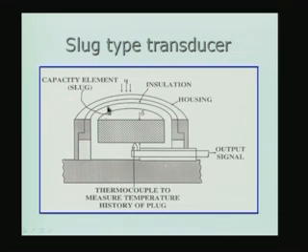And so what you have is a casing or the housing, and the entire slug transducer is mounted on a base, and the temperature of the casing or this housing is assumed to be held at a value which is probably equal to the value of the temperature of the slug before the start of the experiment. So, initial temperature and the final temperature for the housing is supposed to be the same.